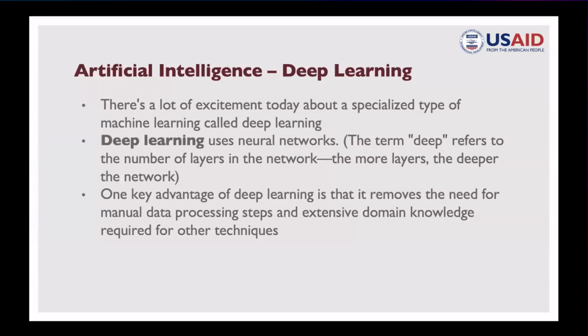So a neural network is actually a layer of neurons, which imitates the neurons of the brain, hence neural networks. So the more layers, the deeper the network. Now, one key advantage of deep learning is that it removes the need for manual data processing steps and extensive domain knowledge required for other techniques.